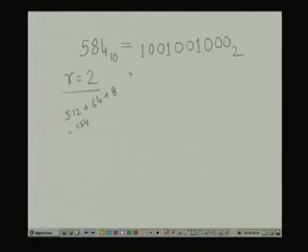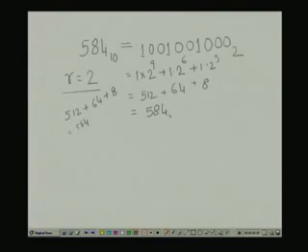Just for checking, positions 0, 1, 2, 3, 4, 5, 6, 7, 8, 9: that means 1 into 2 to the power 9 plus 1 into 2 to the power 6 plus 1 into 2 to the power 3. So this becomes 512 plus 64 plus 8, which is nothing but our 584 in decimal.